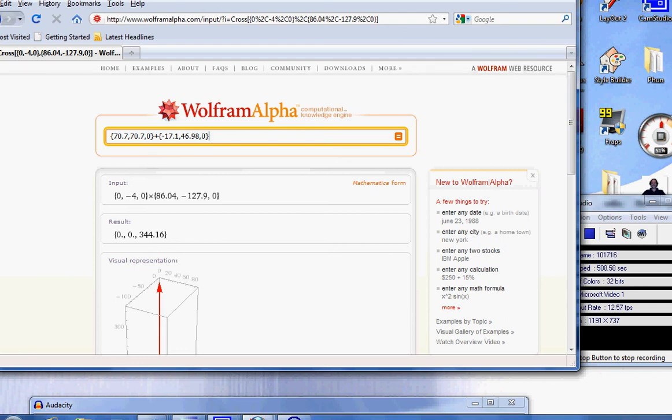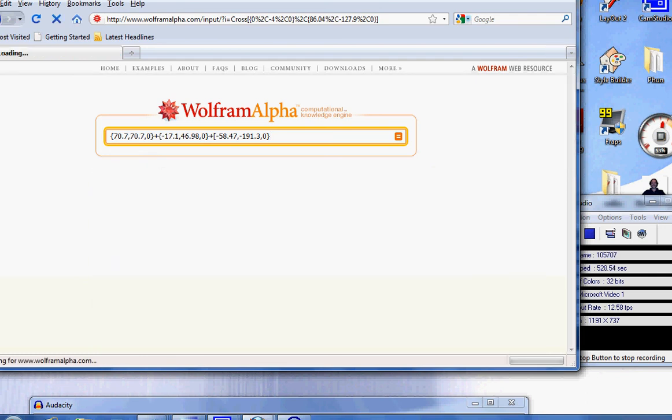I'll just get three of them done before I run out of time. Plus open squiggly bracket, minus 58.47, minus 191.3, 0, close squiggly bracket. You don't have to use an equals, you hit it right there, and it added up those three vectors.